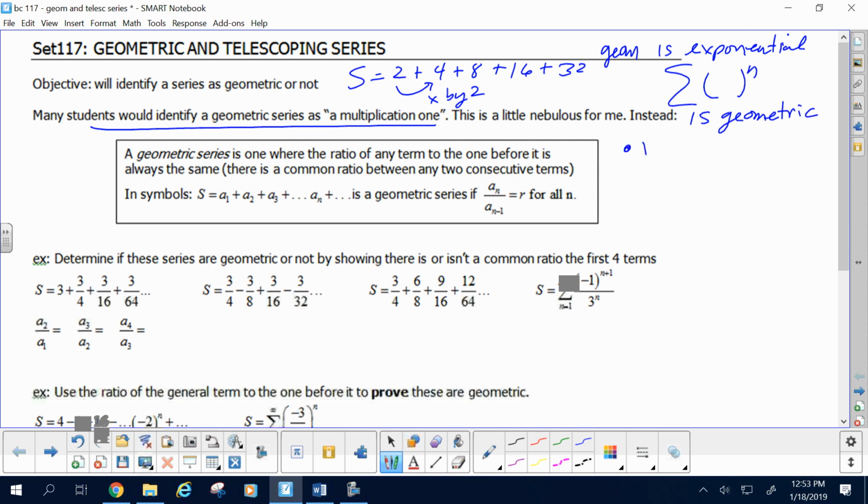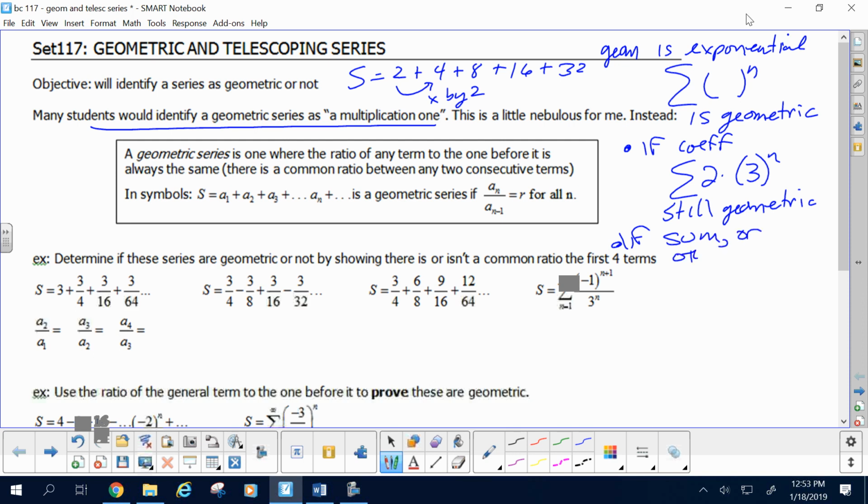If there's a coefficient, for example, 2 times 3 to the n, it's still geometric. But if there is some other function, then it's not geometric.